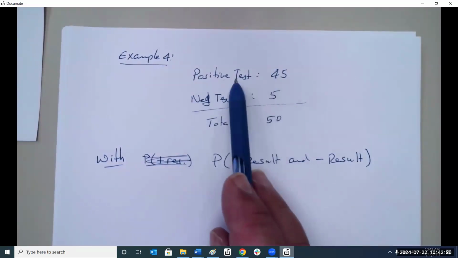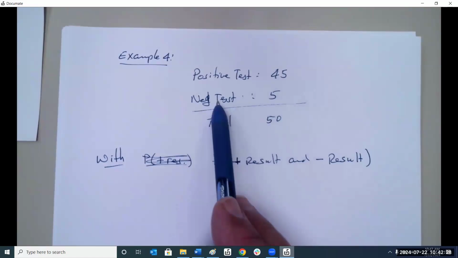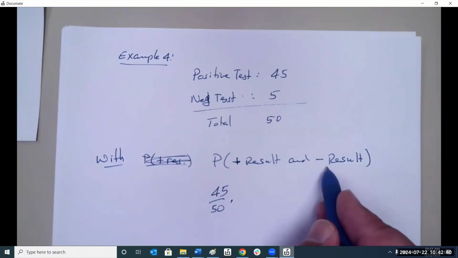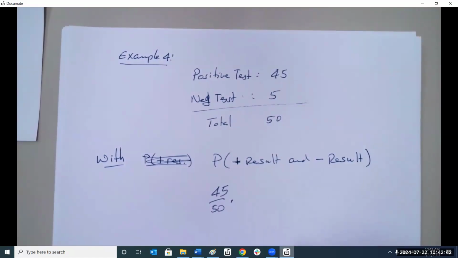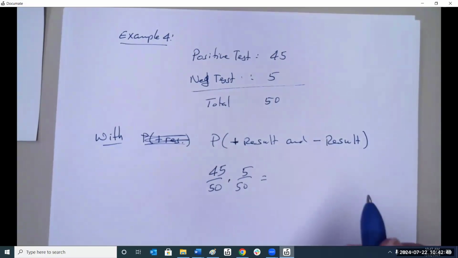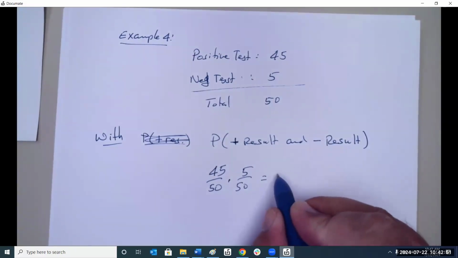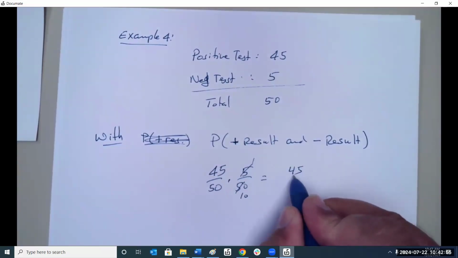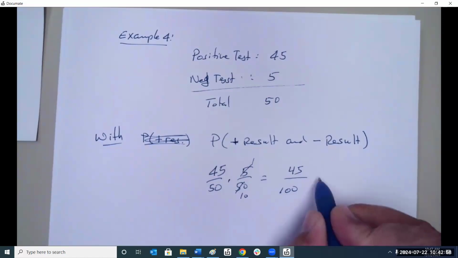Remember, in our chart on top, we have positive test equals 45, negative test is 5, so the total is 50. 45 over 50 times the probability of a negative test result, 5 over 50, right? So we could simplify those, 1 over 10. So we got 45 over 100.